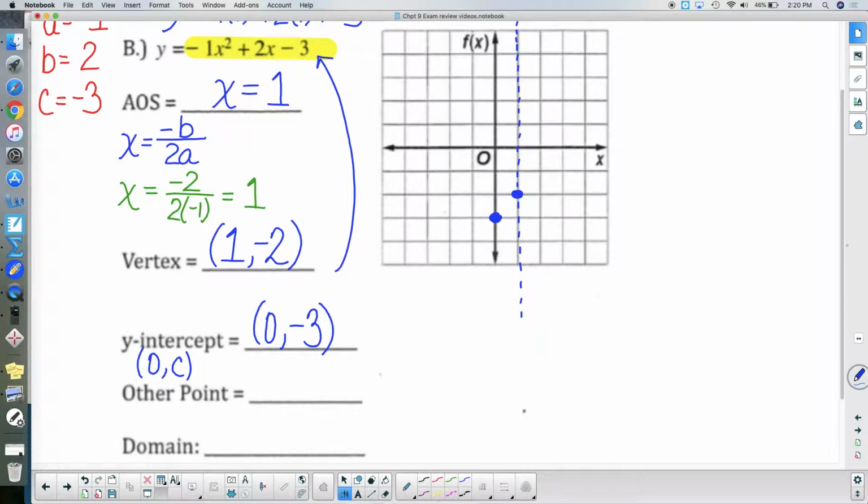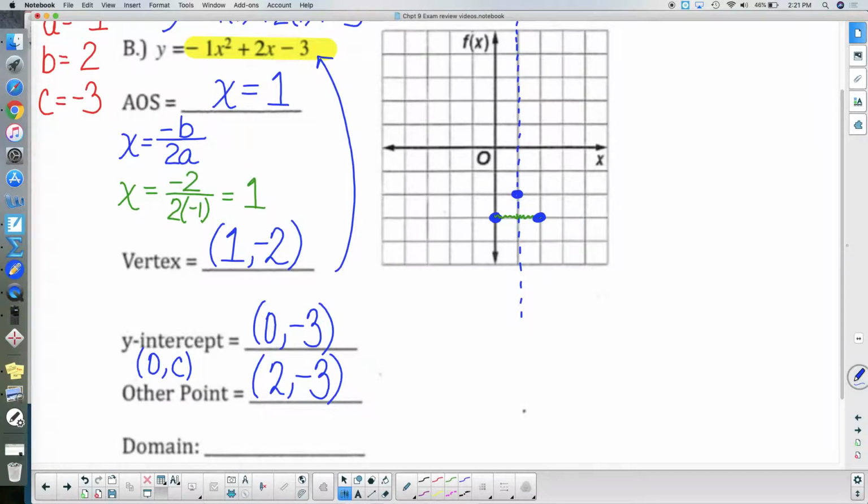Then we need at least one other point. Sometimes we need to go back and plug in additional x's, but in this case, I think we can find it by using a little symmetry. If it is 1 unit to get from the point that I knew to my axis of symmetry, then I go 1 unit on the other side of that axis of symmetry, and I have that reflected point. In our case, its coordinates are 2, -3.